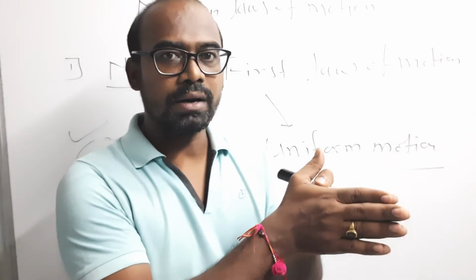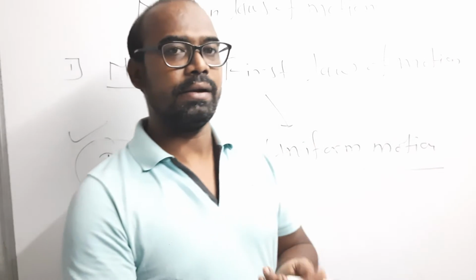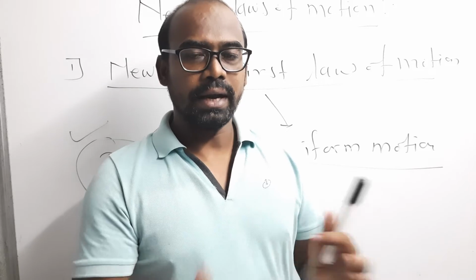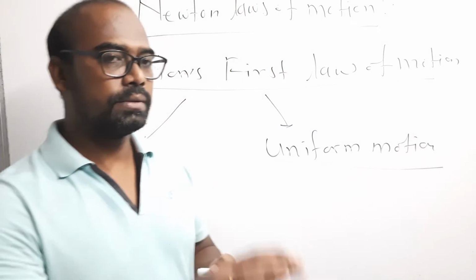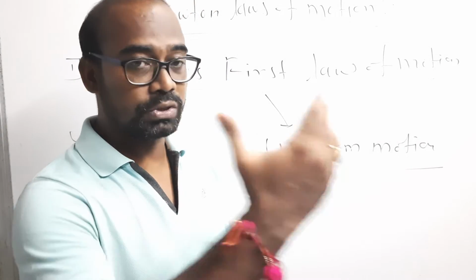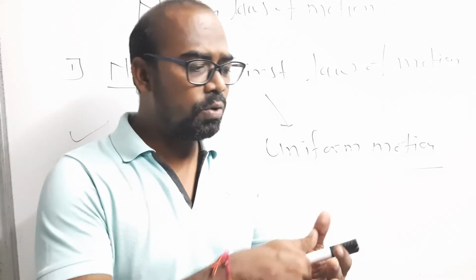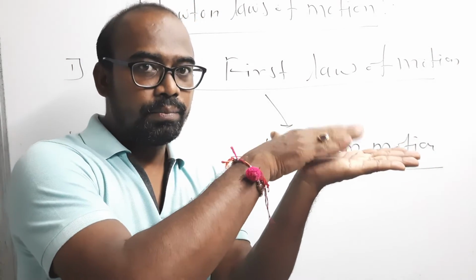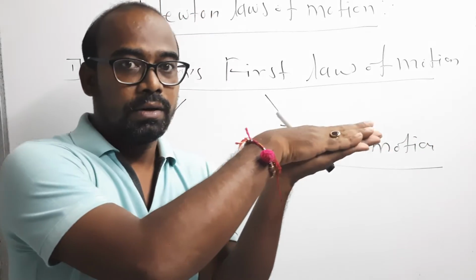But some part plays the role to stop that ball, air also, right? It entirely depends on the direction of air, but basically there is a force that brings it to rest, to stop that ball. But what will happen if that ball is moving on a frictionless surface?